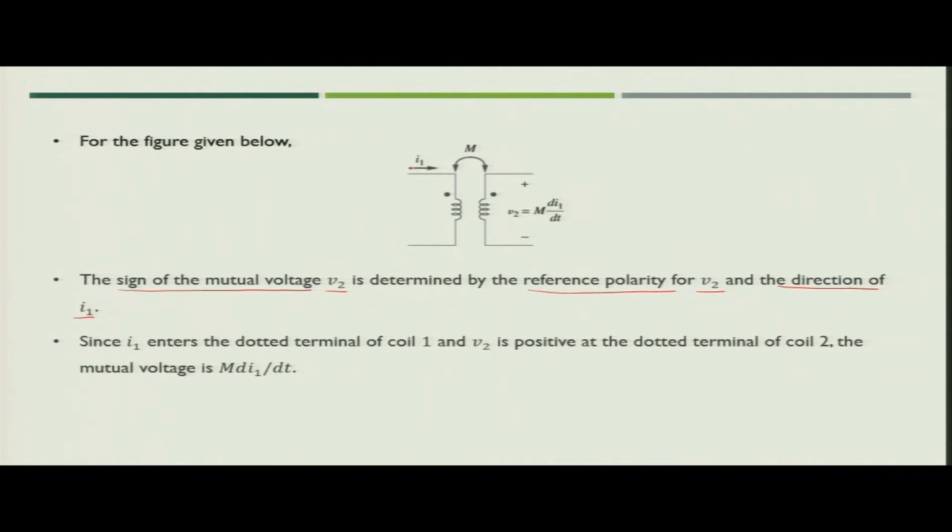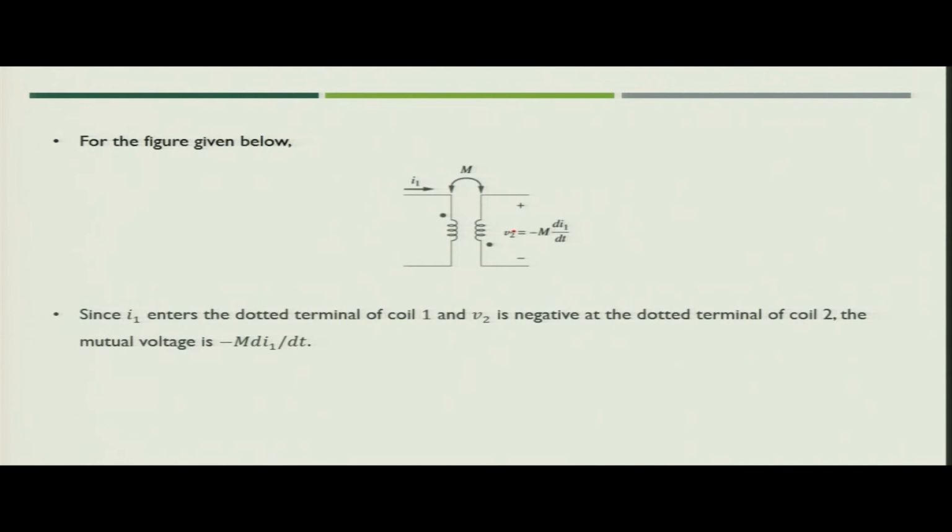If you see, the current I1 is flowing inside the dot, so the reference polarity for V2 will have positive at the dotted terminal on the secondary side. Because I1 enters the dotted terminal of coil 1 and V2 is positive at the dotted terminal of coil 2, the mutual voltage will be positive M dI1 by dt.